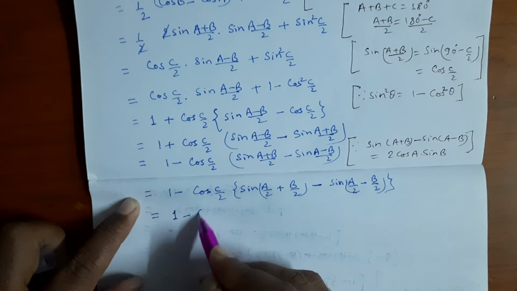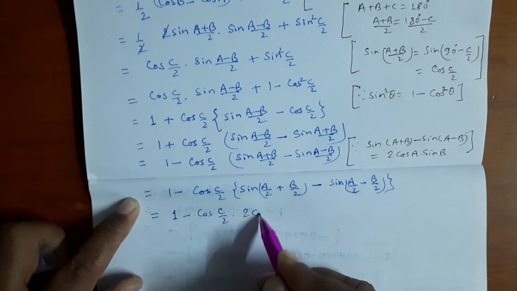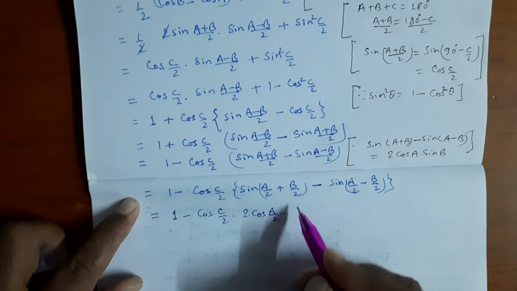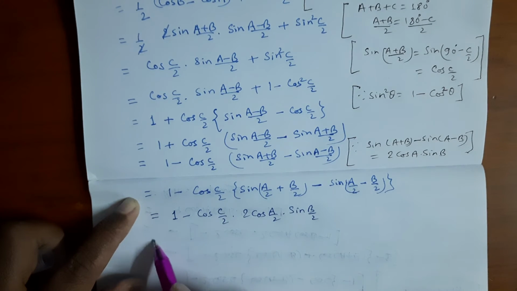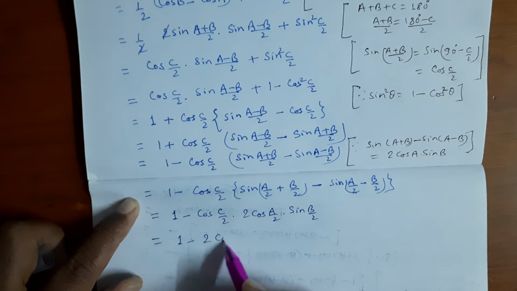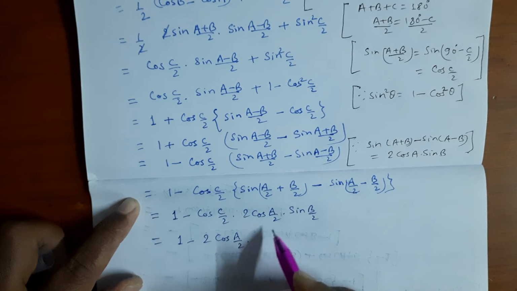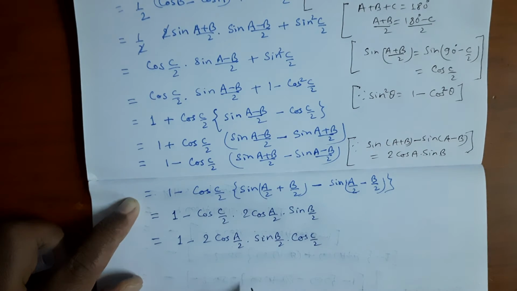Now 1 minus cos(c/2), this is 2 cos(a/2) sine(b/2). So this equals 1 minus 2 cos(a/2) sine(b/2) cos(c/2), which is the right hand side. Left hand side equals right hand side, proved.